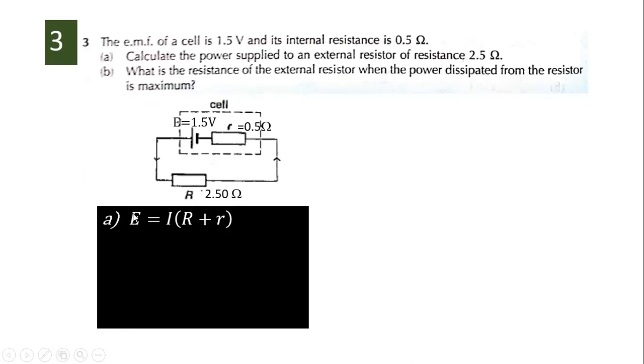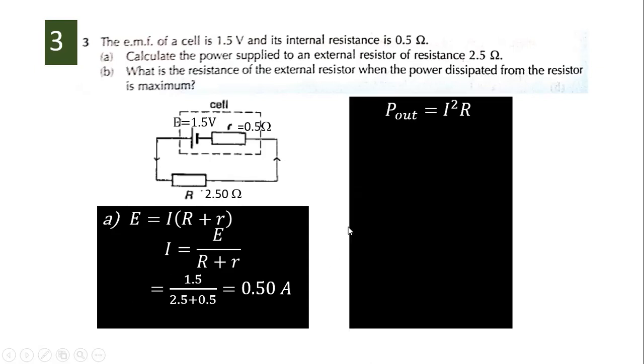There's the EMF, I equals E over (R plus r). E is 1.5, and 0.5 plus 2.5 is your R plus r. Then you get your current. After getting the current, you want the power supplied to the 2.5 ohm resistor. So it's I squared times R. Put your values in.